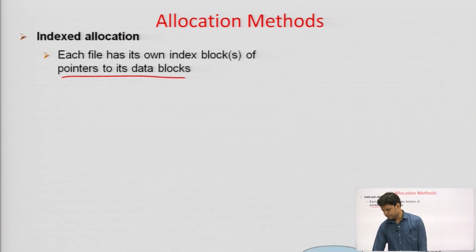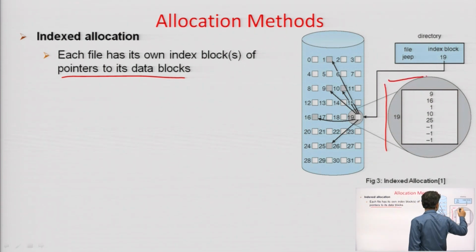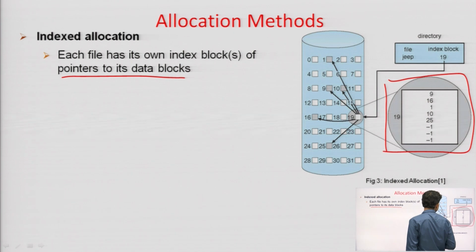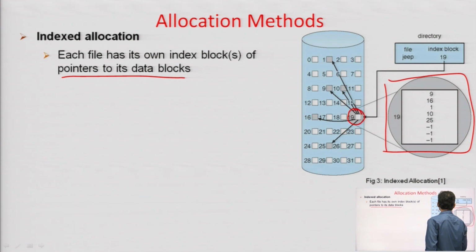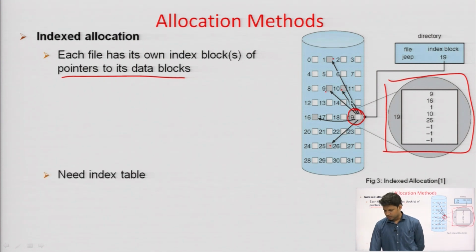You can see this is behaving like an index. In indexed allocation, node 19 is behaving like an index to different nodes: 1, 10, 9, 16, 25. So 19 is an index node containing the pointers to the different nodes that will be required.